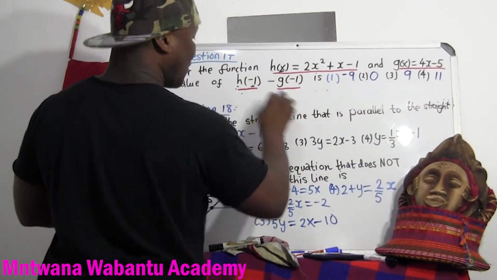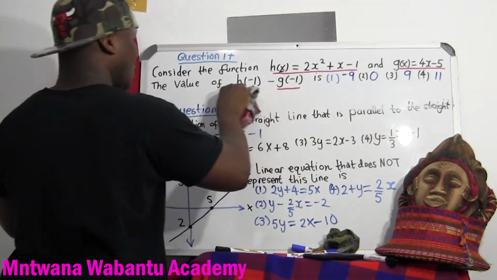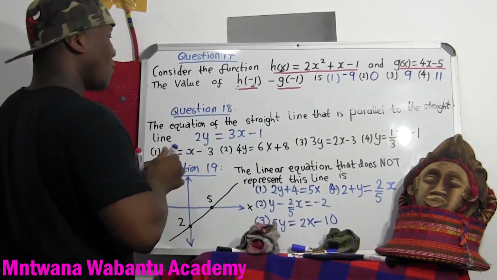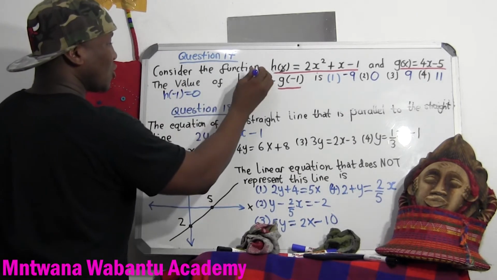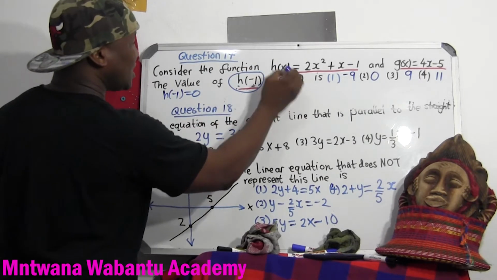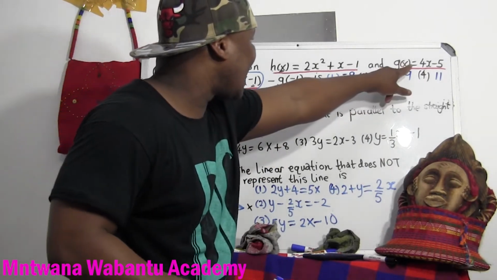Now let me find g of -1. So g of -1 means we take this and substitute in there.